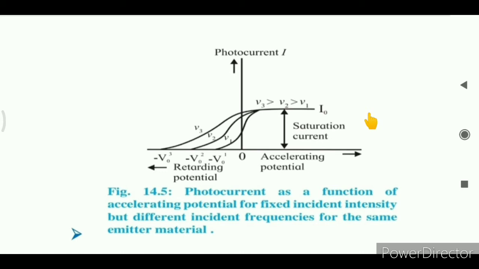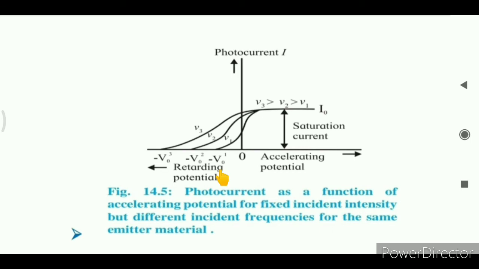For the first value of the frequency nu 1, as the negative potential increases, the photoelectric current decreases. Here we get the value of the stopping potential for the frequency nu 1 as V01.